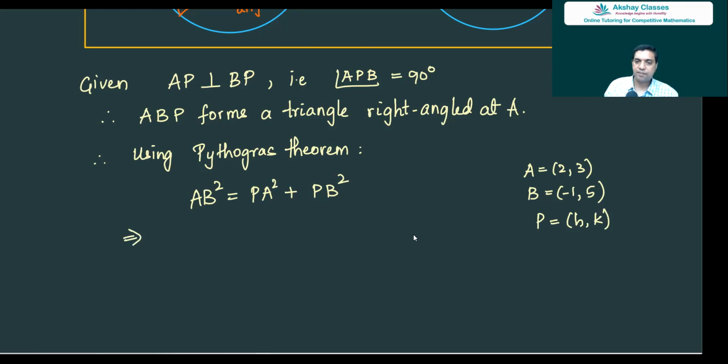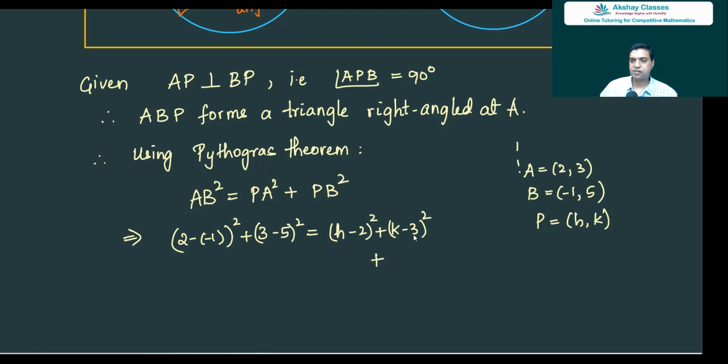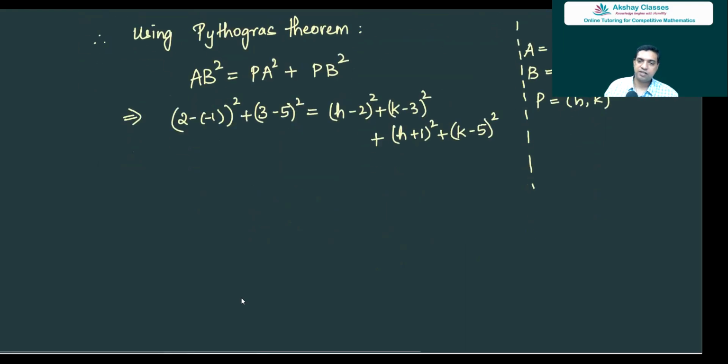So AB square is (2 minus of minus 1) the whole square plus (3 minus 5) the whole square, equal to (h minus 2) the whole square plus (k minus 3) the whole square. This is PA square, plus PB square, (h minus of minus 1, that is h plus 1) the whole square plus (k minus 5) the whole square. Now let us simplify.